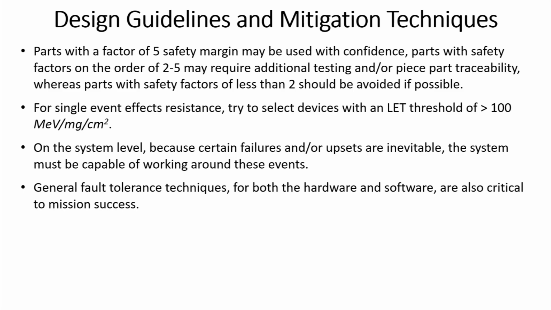With this I will end here. In this module we discussed the different effects that can happen to materials or electronic devices, and also the effects on humans, especially astronauts.